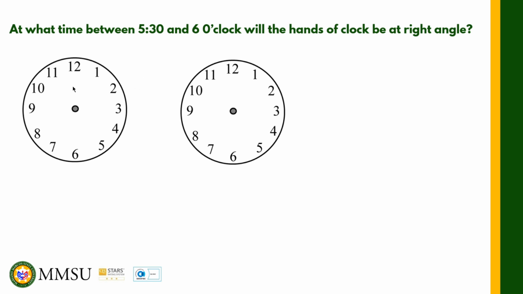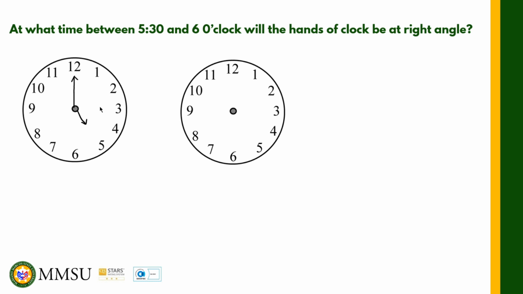So initially, ang itsura ng clock natin is nandito yung minute hand, nandito yung hour hand natin, directly pointing sa 5. Okay, and since we are looking for the time between 5:30 and 6, yung minute hand natin should be between 6 to 12. Okay, in this part of the clock, tama?